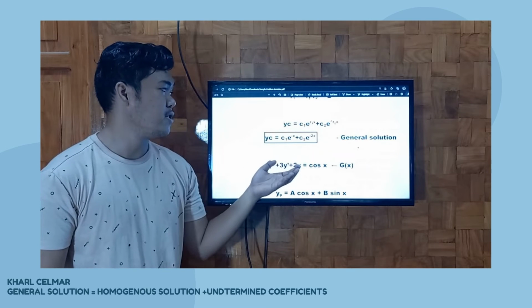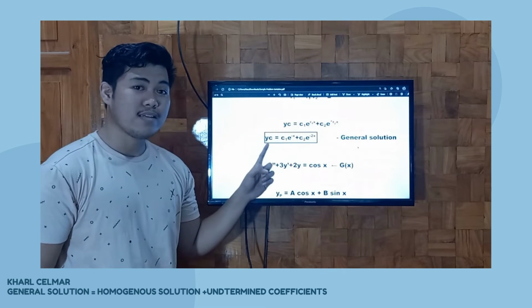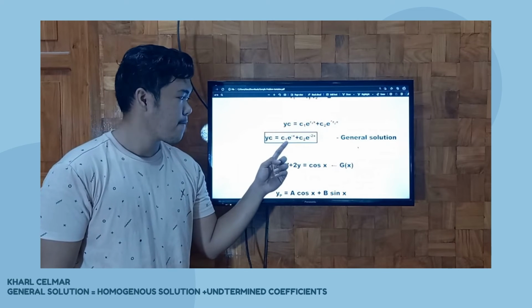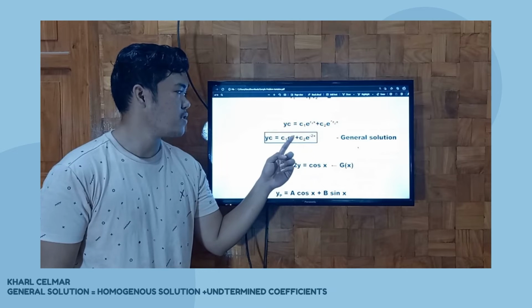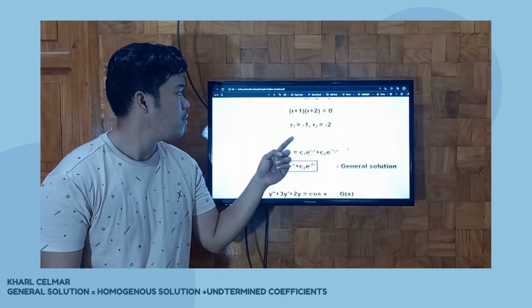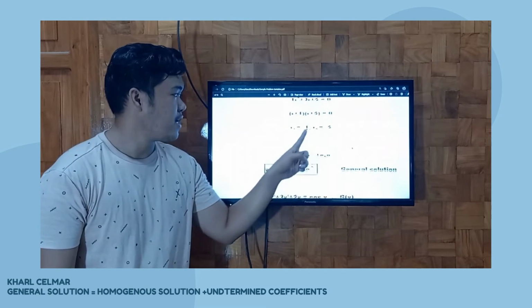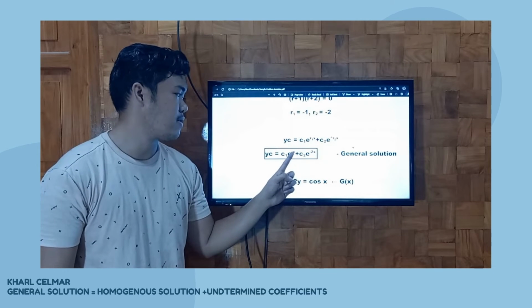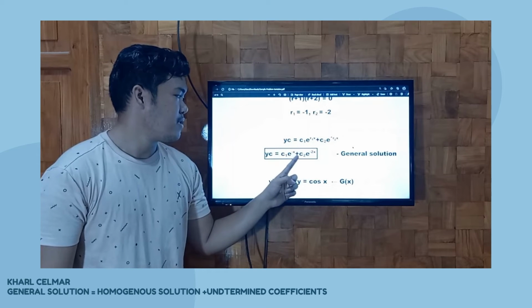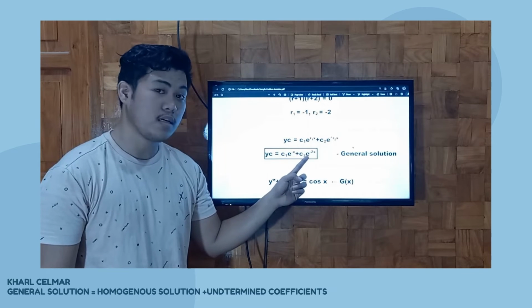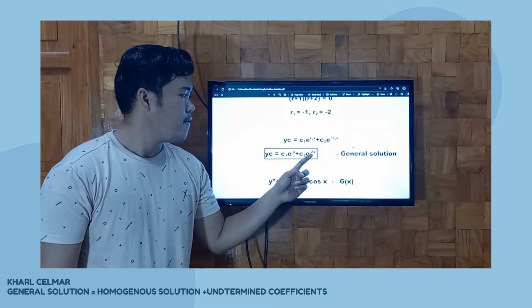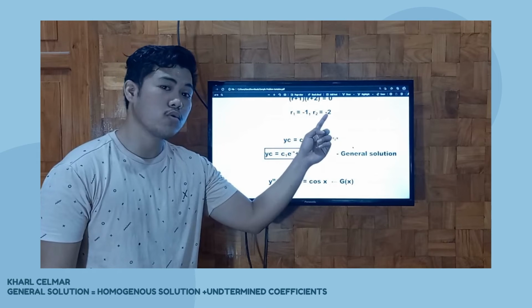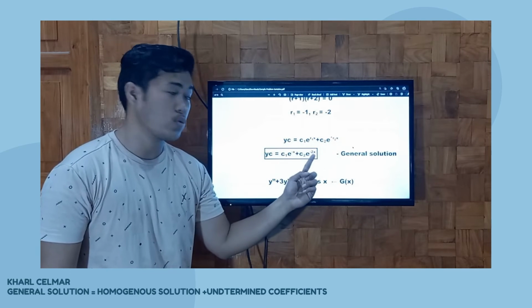So c sub 1 times e raised to negative 1 times x, which is negative x, plus c sub 2 times e raised to negative 2 times x, which is negative 2x.